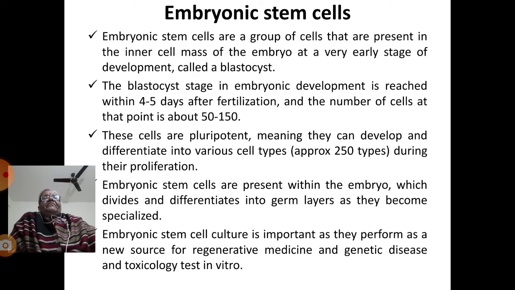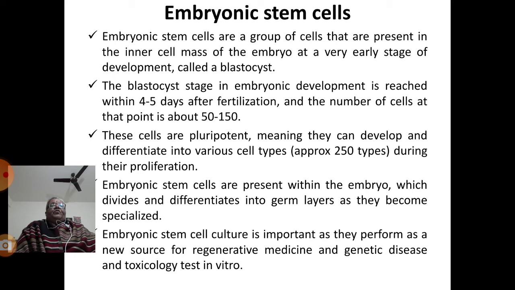Then, these are a group of cells present in the inner cell mass of the embryo at a very early stage of development called the blastocyst, right? So the blastocyst stage is reached within 4 to 5 days after fertilization, and the number of cells at that point will be hardly 50 to 150.